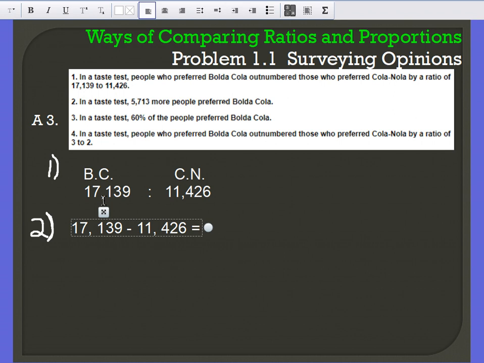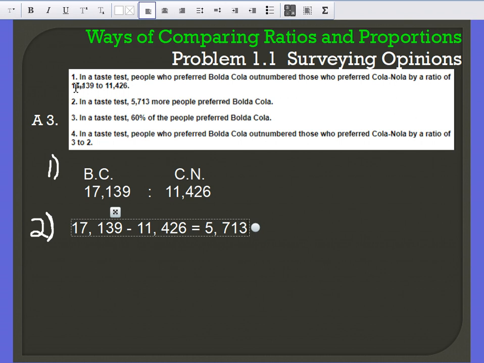So what happens when you stick that into your calculator? You get 5,713. So looking at this, it says exactly 5,713 more people preferred Bolda-Cola. So this means these are actual vote counts now.